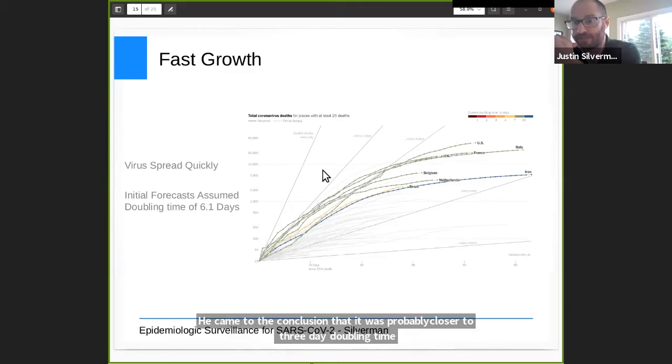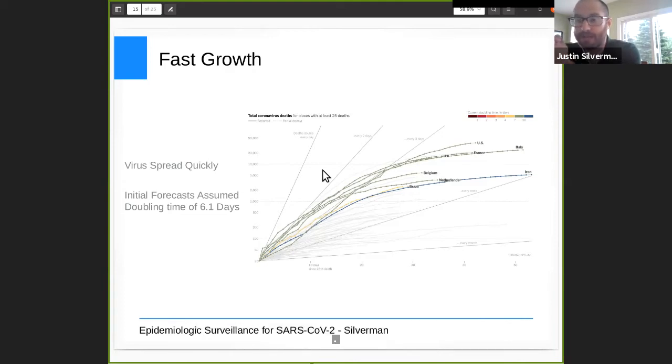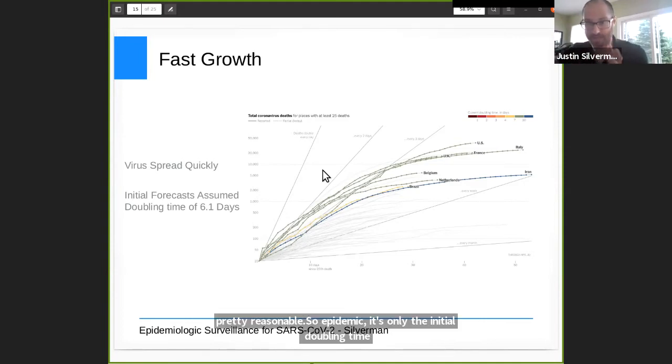Much faster. The plot I'm showing was made by the New York Times on April 20th, showing that what actually played out in the US is pretty reasonable. The initial epidemic doubling time, right? And it's only the initial doubling time that we care about here, because the doubling time does change and it decreases over time, which I can talk about later why, but it's the initial doubling time we care about.